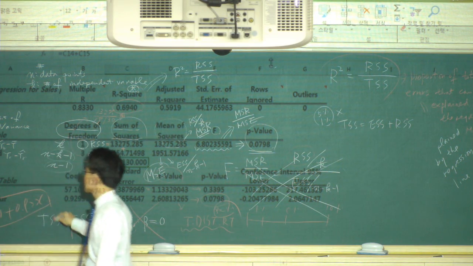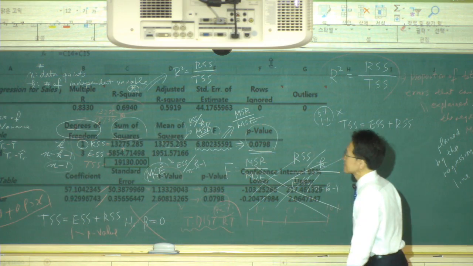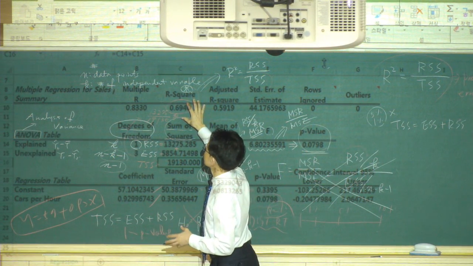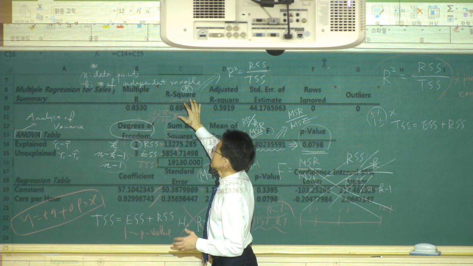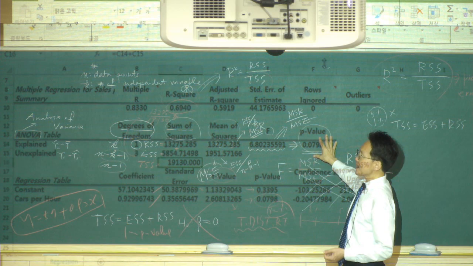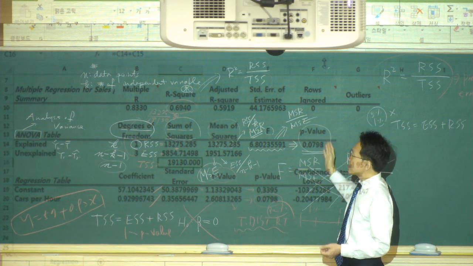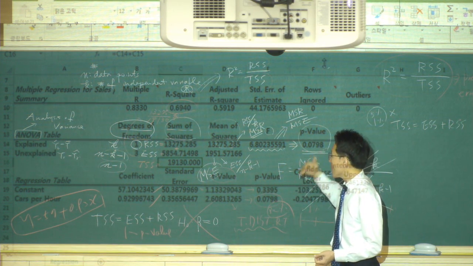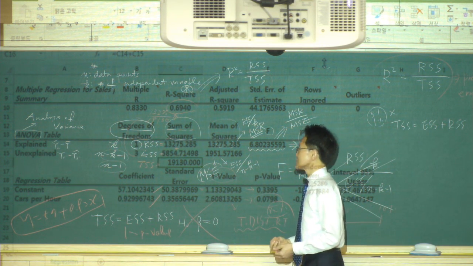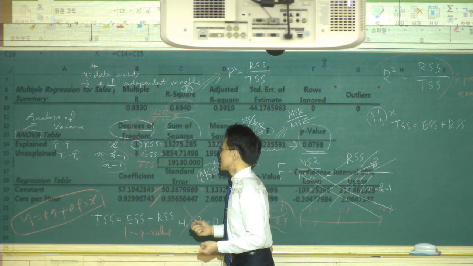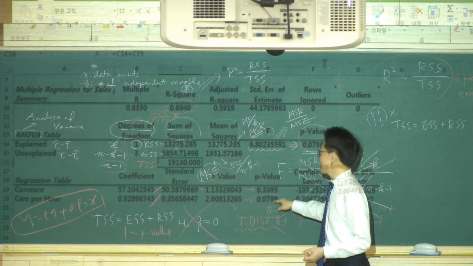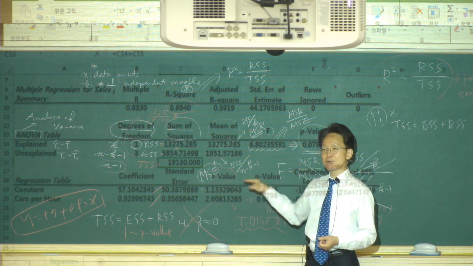Then tell me about overall fitness, overall goodness of this regression line. You probably talk about R square and F statistics p-value. And then you need to talk about whether indeed there is a strong positive relationship or strong negative relationship between independent and dependent variable by looking at the p-value associated with the regression coefficient.